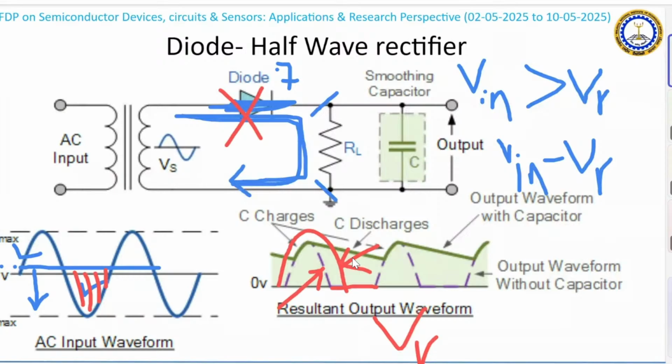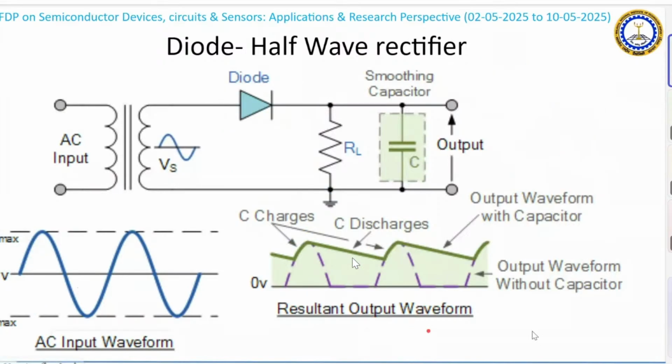Okay. Now let's come to the next one. What is the utilization? Basically, the half-wave rectifier is one step towards AC to DC conversion. We have AC voltage at homes, but a battery, laptop, desktop, or phone works on DC, right?